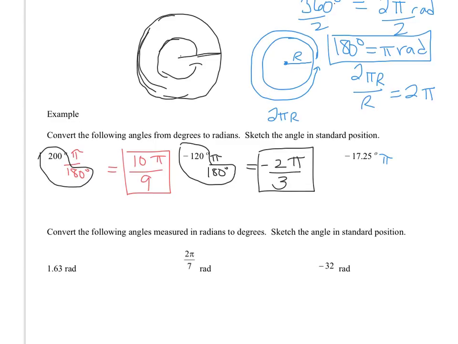Last one, same thing, pi over 180. I'll simplify this fraction. You can put 17.25 over 180 in the calculator to simplify it, but this is going to simplify to negative 23 over 240, and then with our pi in it.